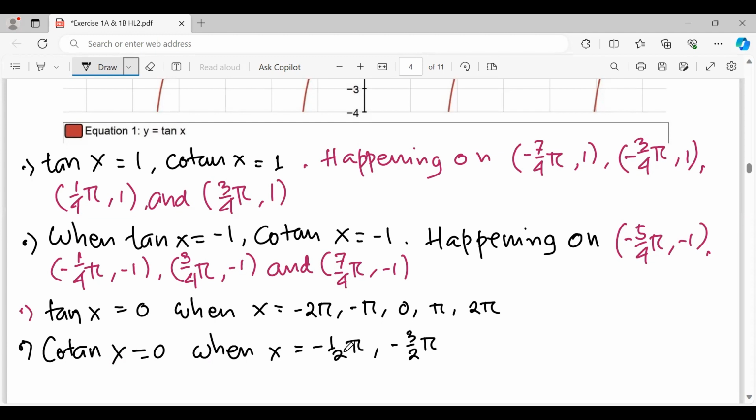This is minus 90, minus 270. Sorry, half pi, I mean half pi.